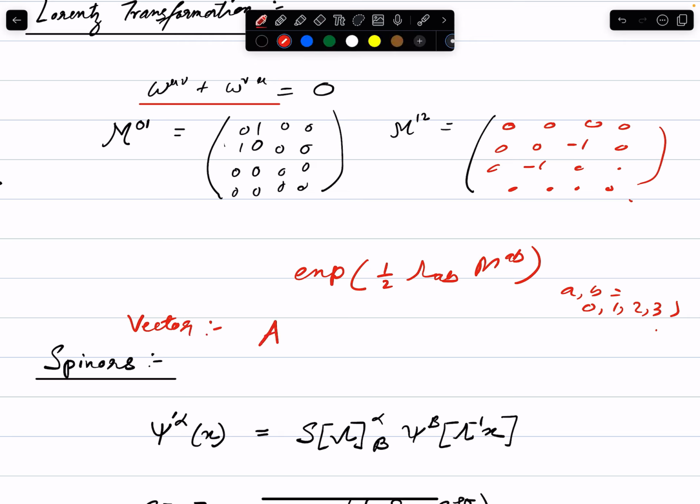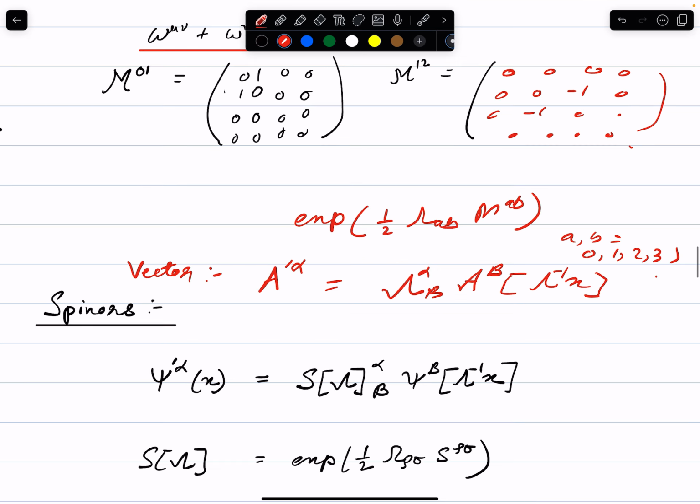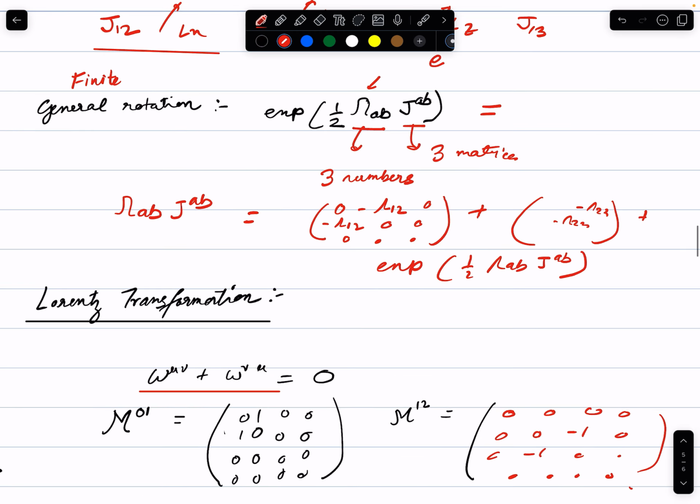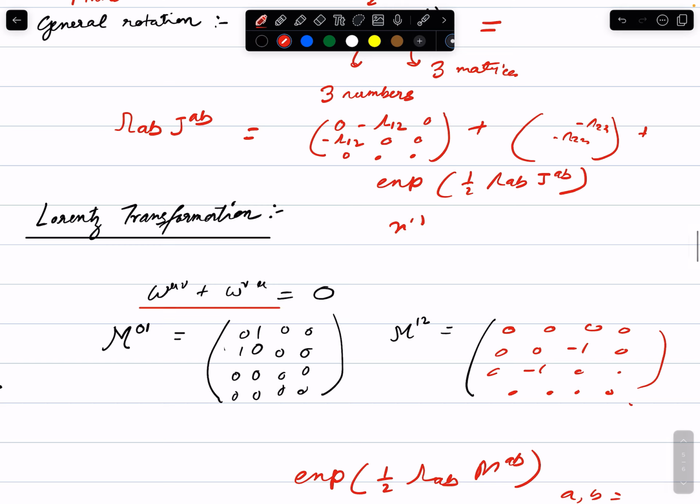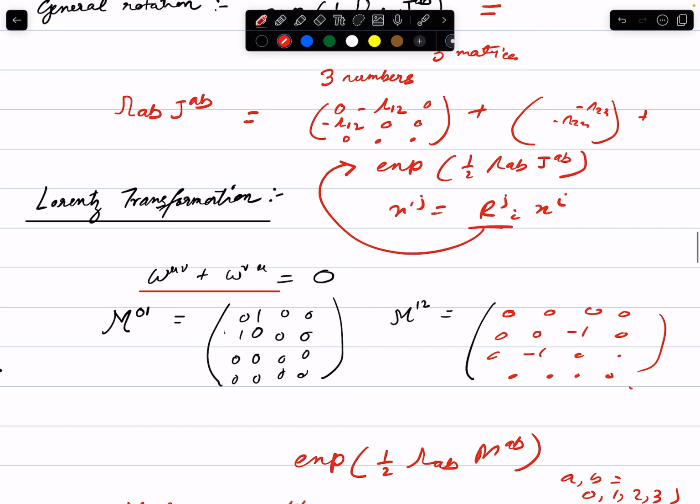So if I have a vector, A prime alpha is lambda alpha beta A beta, and this lambda alpha beta is the Lorentz transformation rotation matrix, which is given by e to the power half lambda_AB M_AB. Okay, because this is a finite Lorentz transformation, just like this was a finite rotation. So similarly, if I had a rotation, I would write x prime j is r_ji x_i, and this rotation matrix would be given by this because this is a finite rotation.